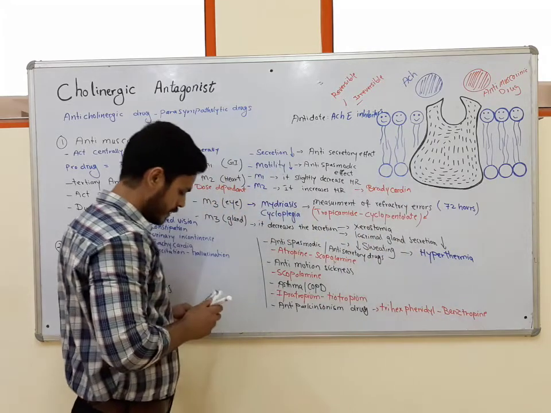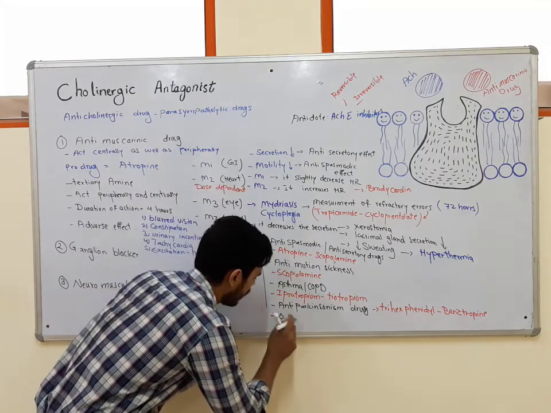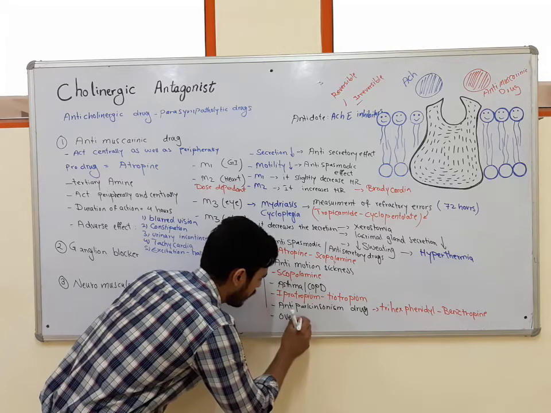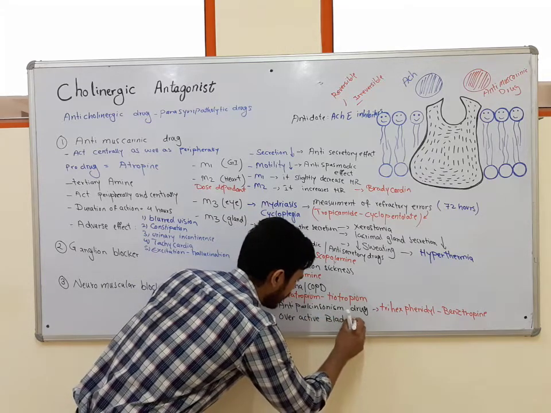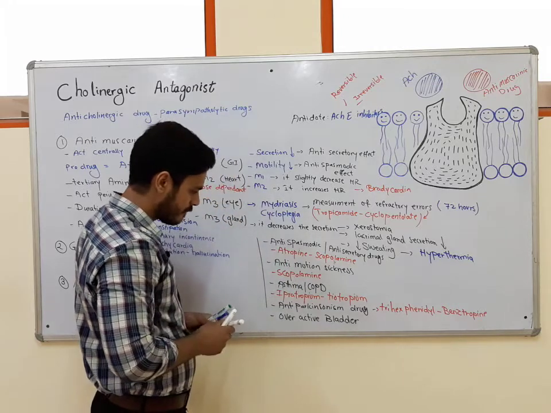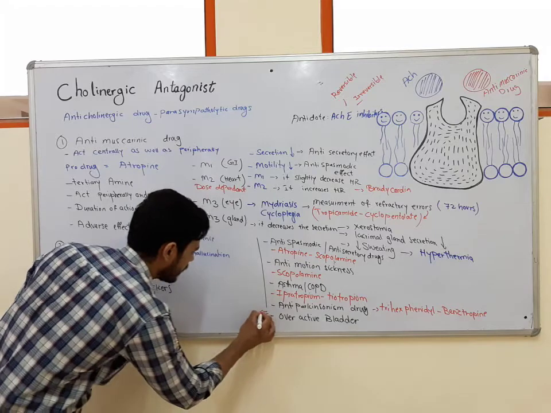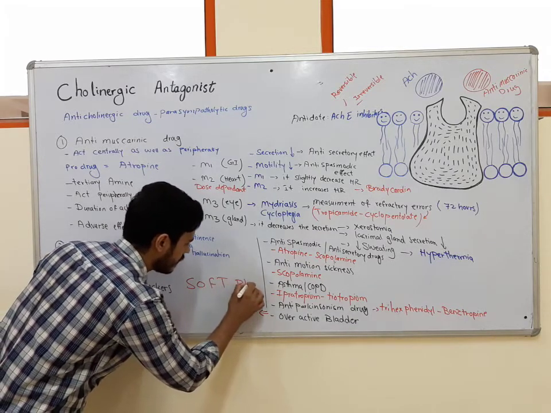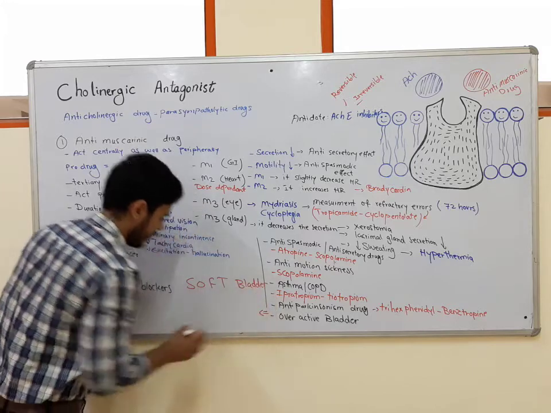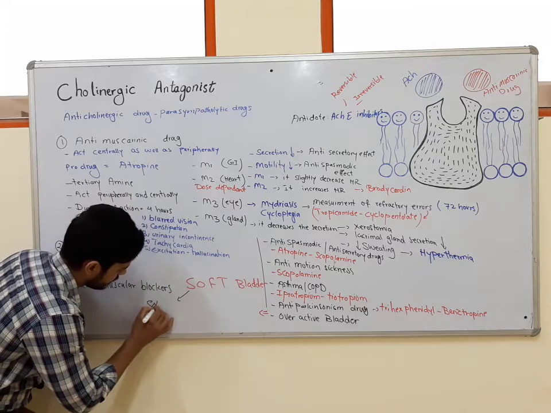And we can use them for treatment of overactive bladder also, urinary indication, overactive bladder, which we have lots of drugs in this group. You can remember them as I'll write here: soft bladder. S is for solifenacin.